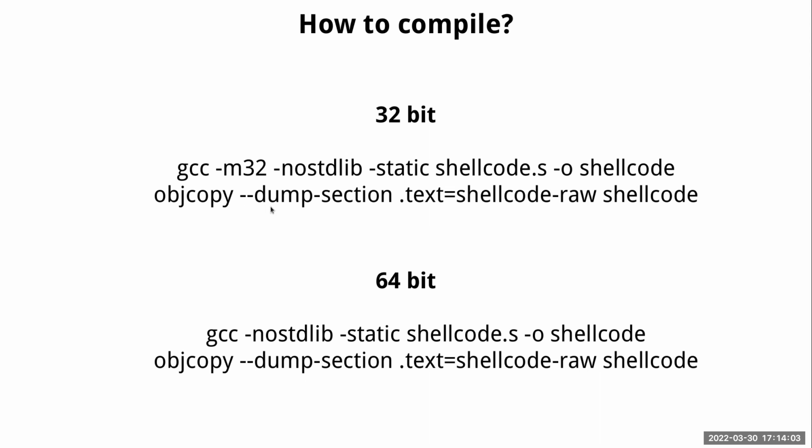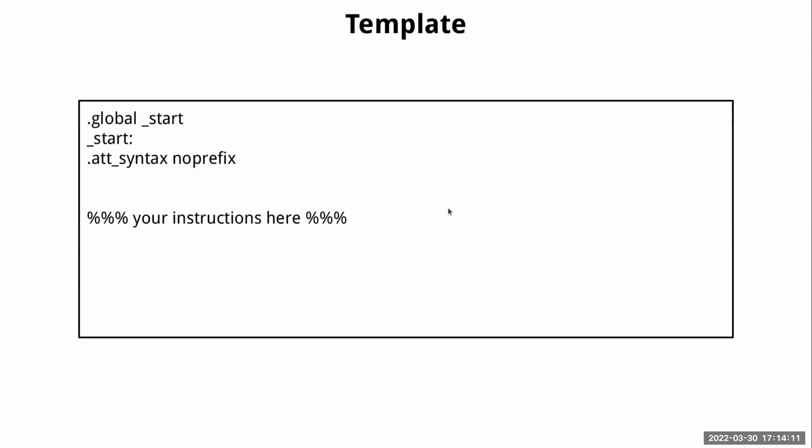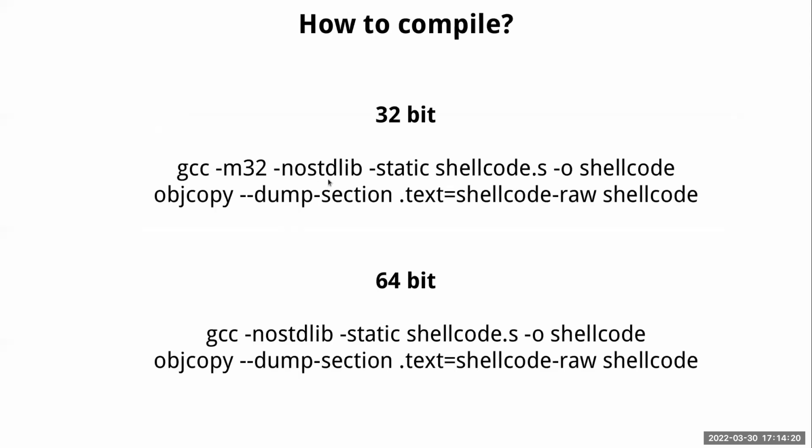So here we are only going to copy the code section. In that code section, the only thing we have is that start label. Well, not necessarily a function, so it's a label. We didn't put the standard library there. We didn't put anything there. That's the only thing there, right? For example, if you have a main function in C, the main function will be called by the C library. We're not putting it there by giving no stdlib.